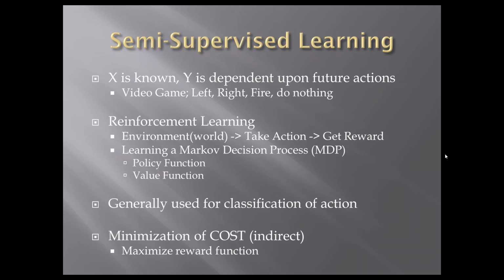So essentially these reinforcement learning systems are trying to figure out whether or not it should go left, right, fire, or do nothing in the case of a video game. The other portion of this is it's also a minimization of cost, but it's indirect, because in actuality what you're trying to do with a system like this is maximize future reward.